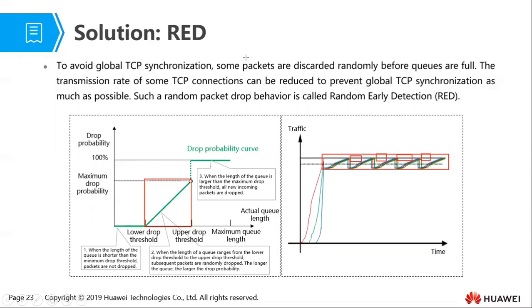That's the main purpose of random early detection, to minimize TCP global synchronization. So that's the solution to that problem.